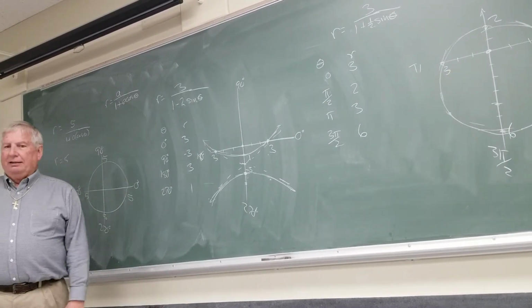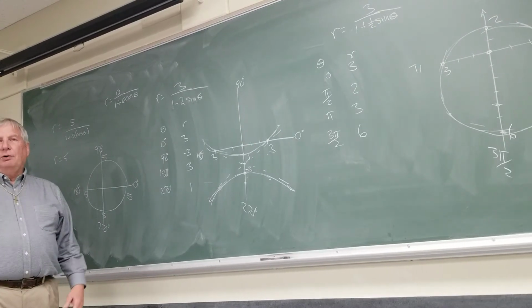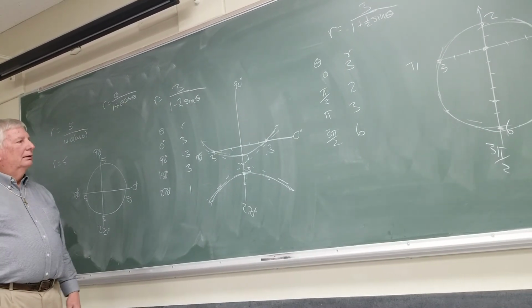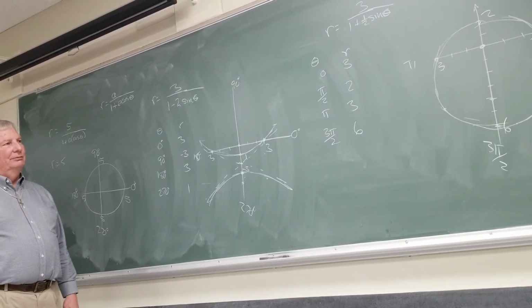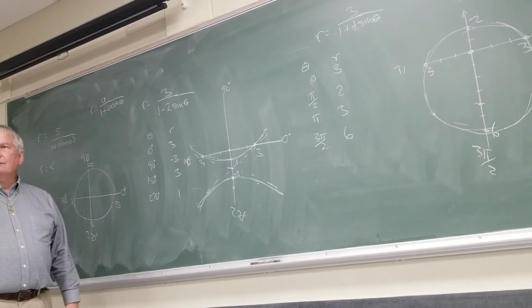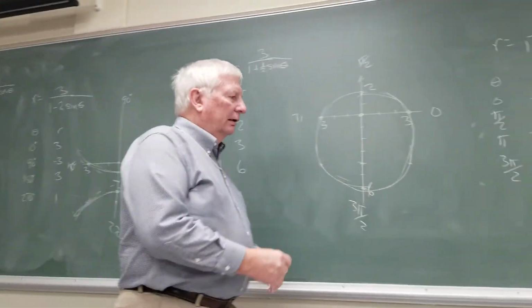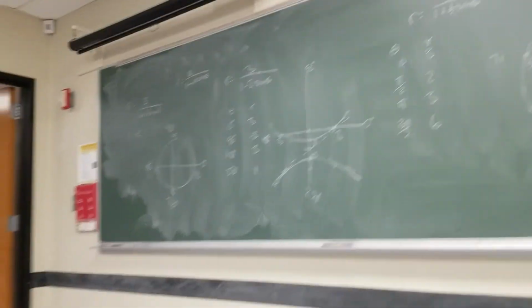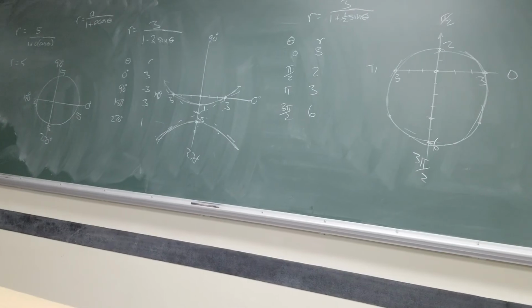If you have a graphing calculator, you put your graphing calculator in polar coordinates, and it'll graph nicely. I tried it. If you have it in rectangular coordinates, it doesn't look anything like this. Those are conic sections in polar coordinates. And I have here, that's the last thing you need to show if you have any.